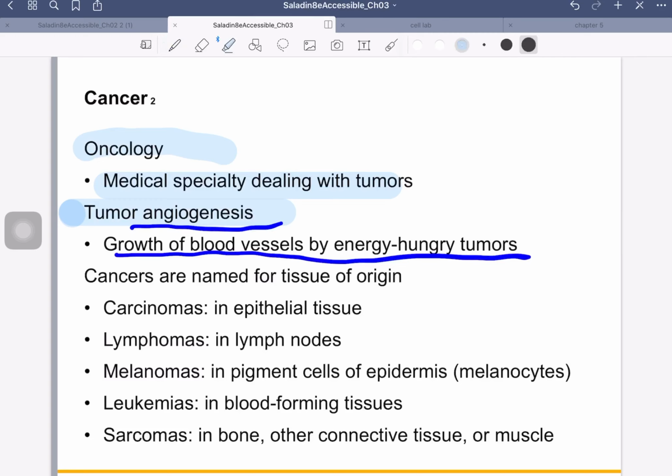And cancers are often named for the tissue of origin. Carcinomas from epithelial tissue, lymphomas from lymph nodes, melanomas from the pigmented melanocytes in the epidermis, leukemias from blood-forming tissue, or sarcomas, which refer to bone or other connective tissues or muscle.